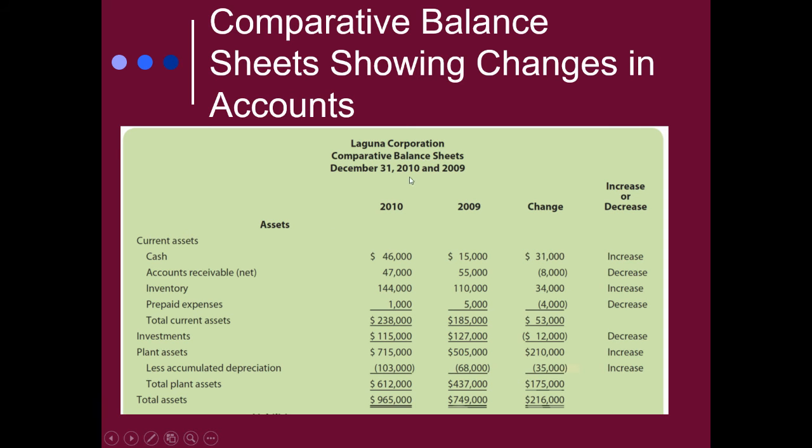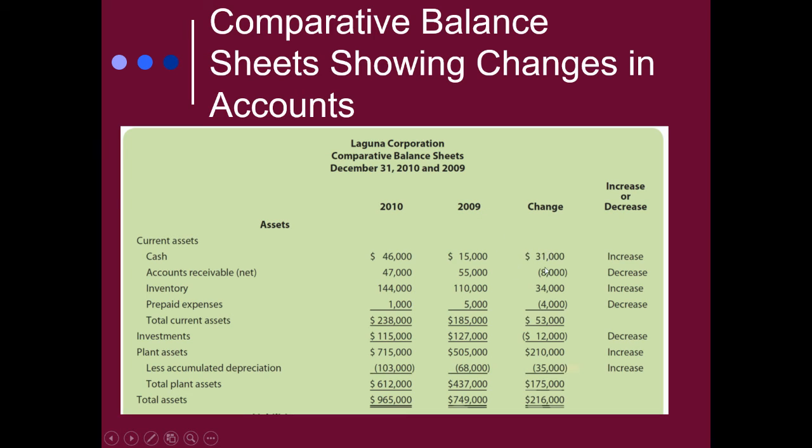Okay, so these are the steps. First you have to calculate the changes and determine whether it is an increase or decrease to the accounts from the prior year. So here, what this person does is that he or she uses the current year and deducts the prior year.